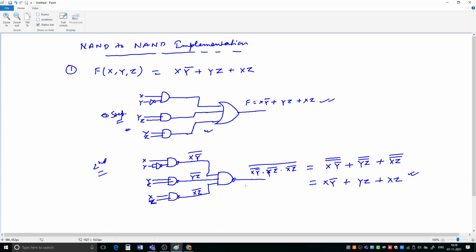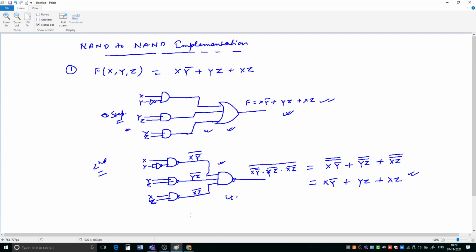Then the output produced by this circuit is the same as that of the other circuit. Here we are getting the same output. So the same work this circuit was doing is done by this circuit also. But here we have not used all three gates, we have used only NAND gates.